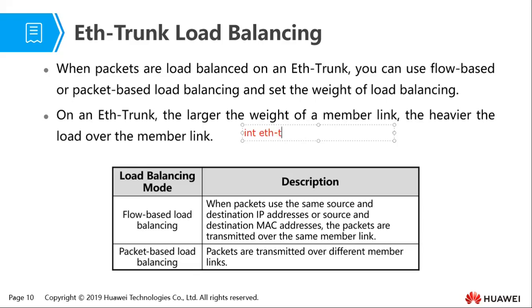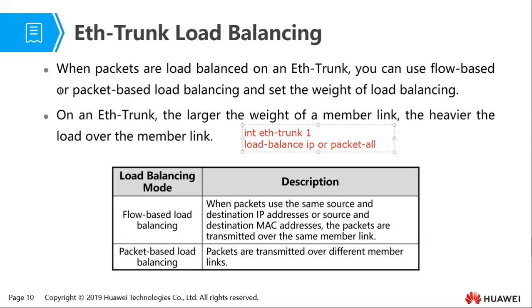So for example, Eth-Trunk 1, then when you're in that view, you can use the command load balance, then you can put a particular option. You can either use IP, to use flow-based, or you can use the command packet all.